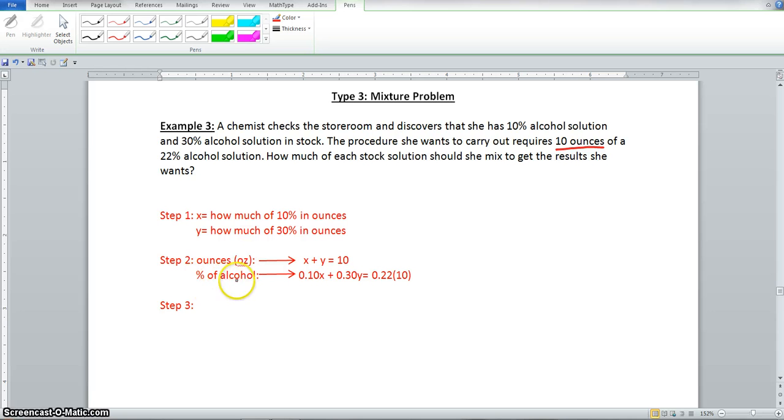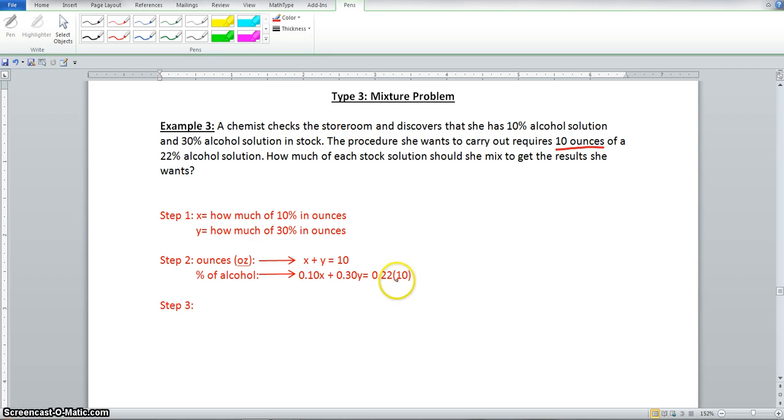Now we come to the percent of alcohol. We have a 10% alcohol solution, so it'll be 0.10x plus the 30% alcohol solution, which would be 0.30y, and that's supposed to equal a 22% alcohol solution, which is 0.22. Now we have to multiply this by 10, because remember, in chemistry we have to write down what we're trying to find.